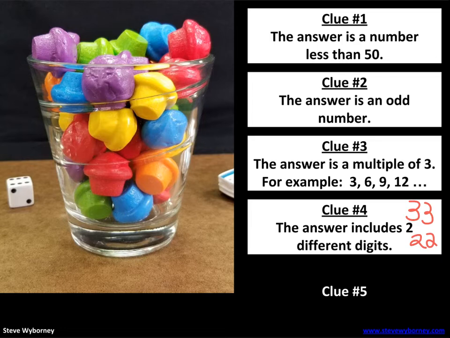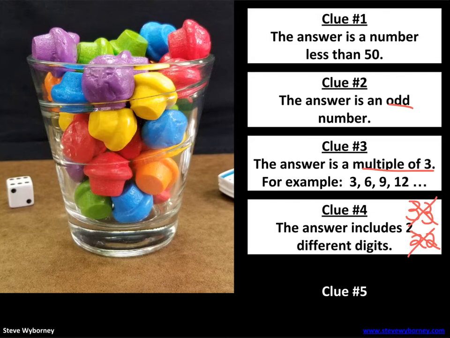Well, we already know it couldn't be 22 because 22 is not an odd number and 22 is not a multiple of 3. Now we know it also cannot be 33. Do you need to make a revision to your estimate? If so, go ahead and write it down before we move on to clue number 5.